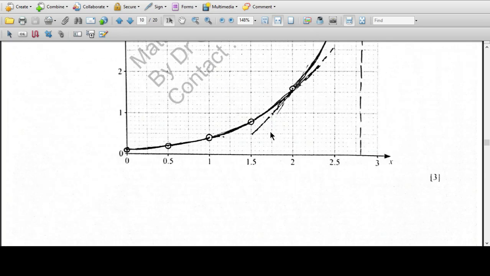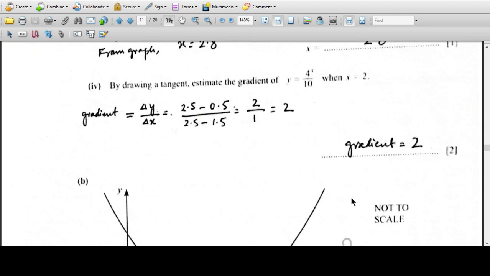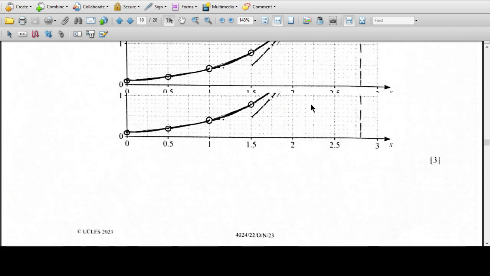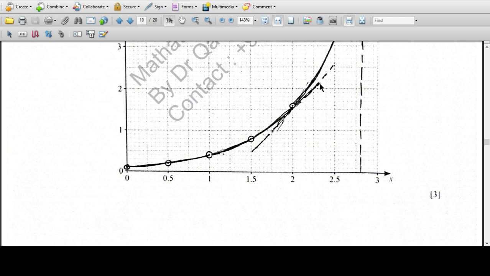The change in x is from 1.5 to 2.5, and the change in y is from 0.5 to 2.5. So 2.5 minus 0.5 is the change in y, and the change in x is 2.5 minus 1.5. So this is 2 upon 1, which is 2. So the gradient is 2.